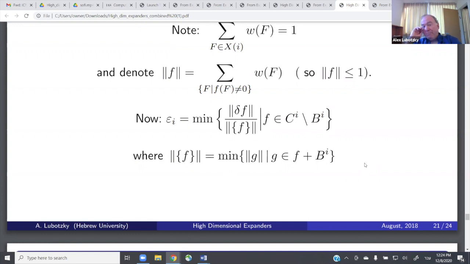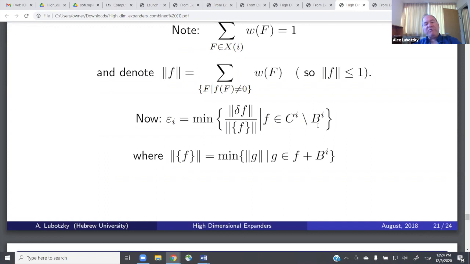Now we define epsilon I, the following strange thing. Epsilon I is going to be the minimum over the norm of delta F divided by the norm of the coset of F, where F runs over all cochains in CI which are not coboundaries.